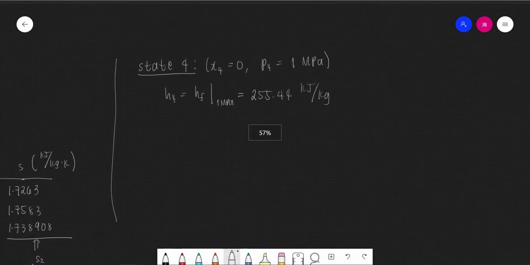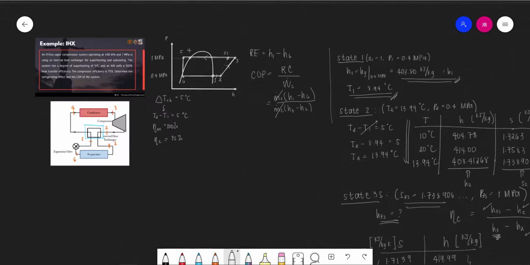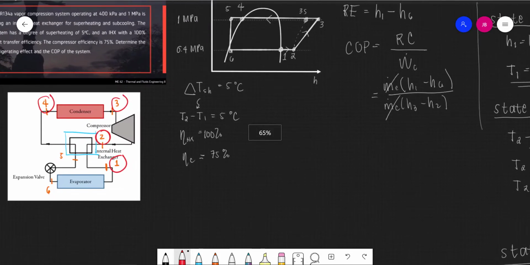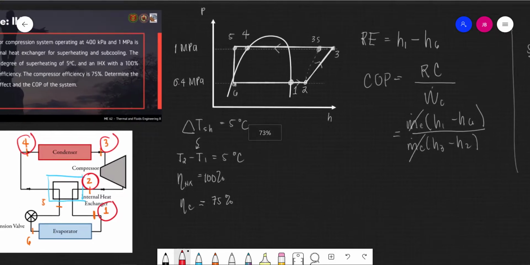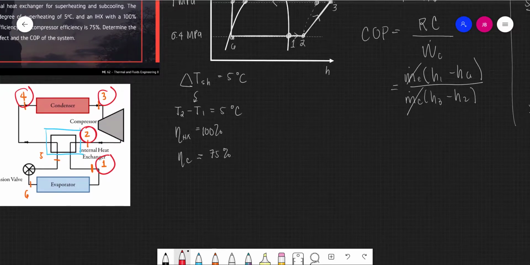Okay, so let's go back to our schematic diagram and pH diagram. We already know this, and this. So how do we proceed with state 5? Remember, state 5 is a subcooled liquid and we don't have values for subcooled liquid in our thermodynamic table, although we can estimate it. We will discuss it in our future videos. But for now, remember that in our internal heat exchanger, we have the following relationship.